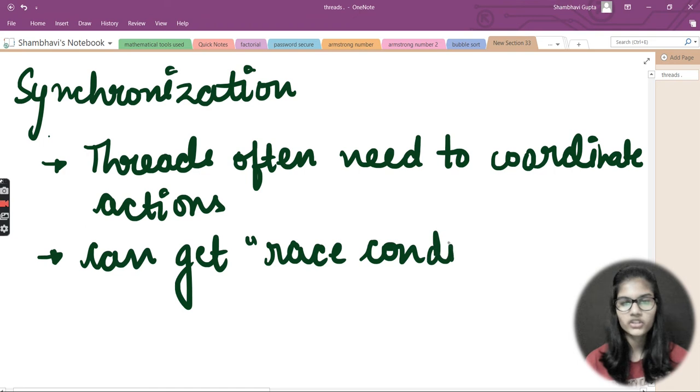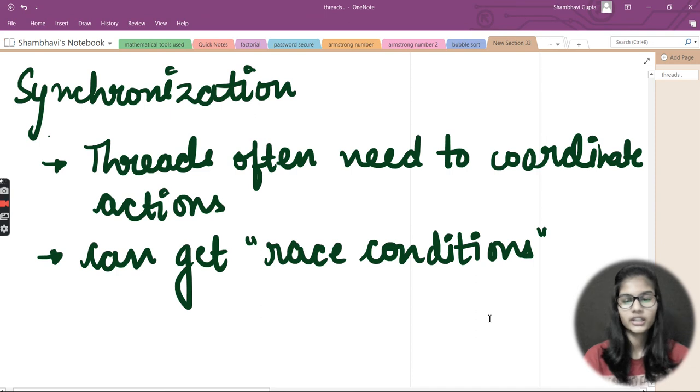Now what we meant by race conditions is that you can call it an outcome dependent on the order of thread execution. So this is the whole idea regarding the race condition, okay? That is what we meant by this.